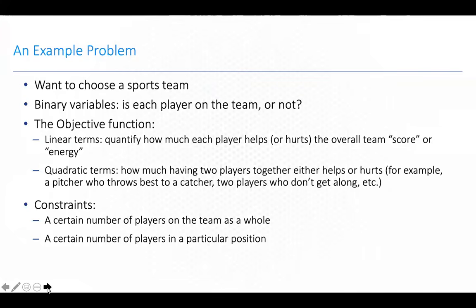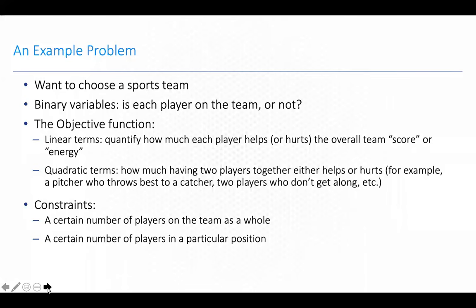And the objective function would be some function that you would come up with that would tell you how much the player is helping or hurting the overall team score or energy. And then the quadratic terms would be, maybe 2 of them together help you, or maybe 2 of them together do not help you, in the case of when they don't get along.